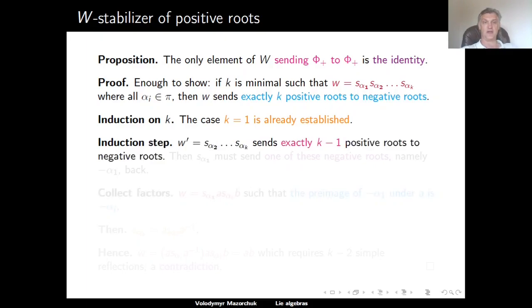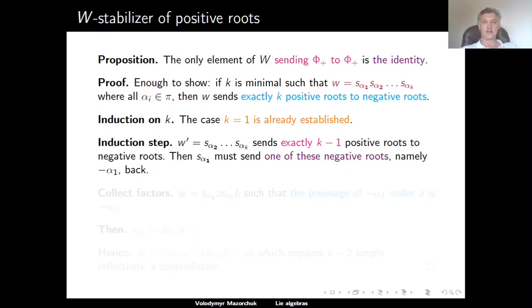We have to prove the induction step. Consider the element W prime, which is just the element W with S alpha 1 removed. By the inductive assumption, this element can be written as a product of K minus 1 simple reflections, and this is the shortest possible way to write it. So it sends exactly K minus 1 positive roots to negative roots.